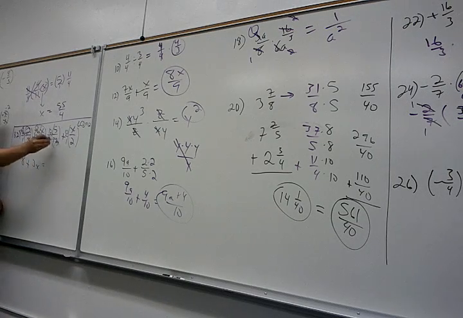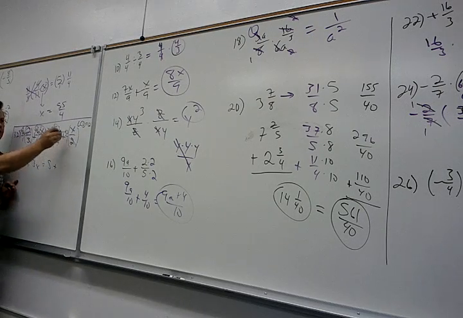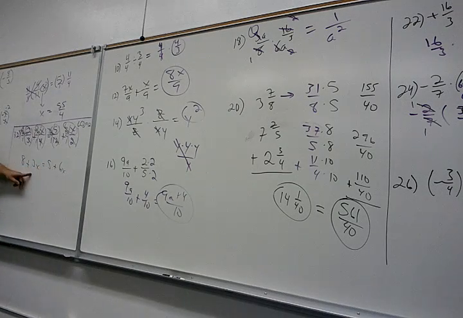Equals. 12 goes into 12. 5 is left. Plus 2 goes into 12. 6 times x? Now look at that compared to what it was to begin with. That is easy. So let's see if it is.